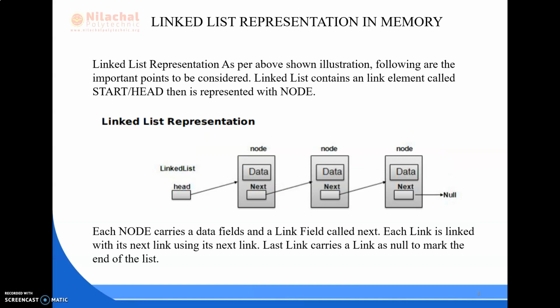So, let's now see how a linked list is represented in memory. In the linked list representation as per the diagram shown, the following are important points to be considered. A linked list contains a link element called start or head, which is continued with the representation of a node.